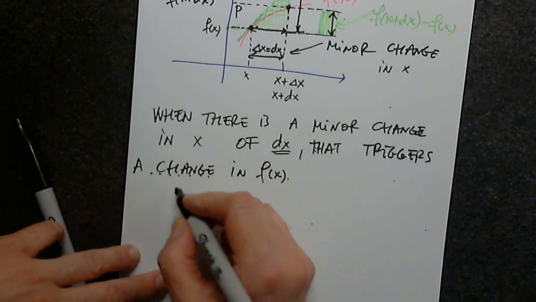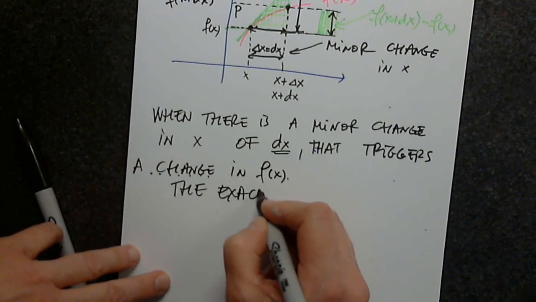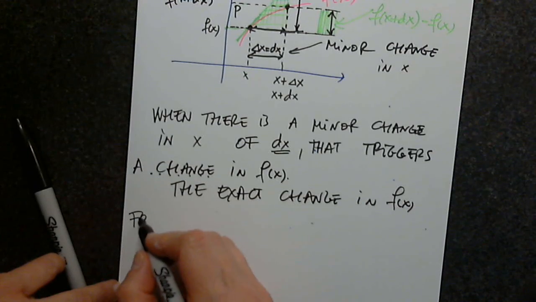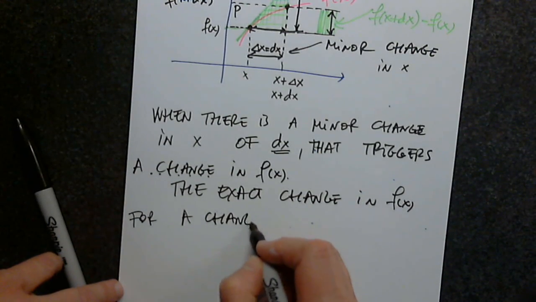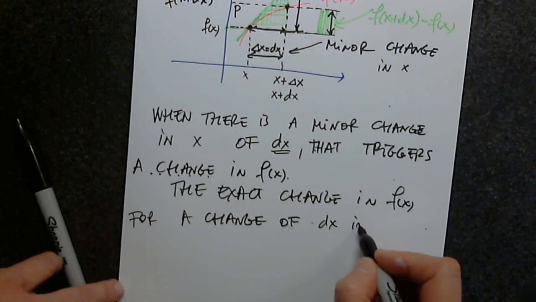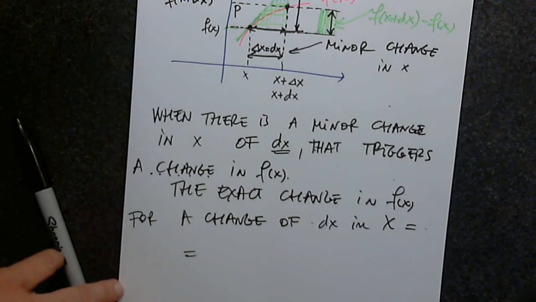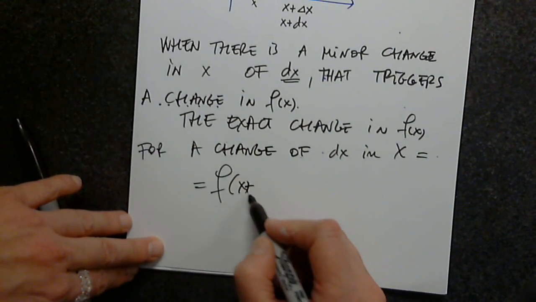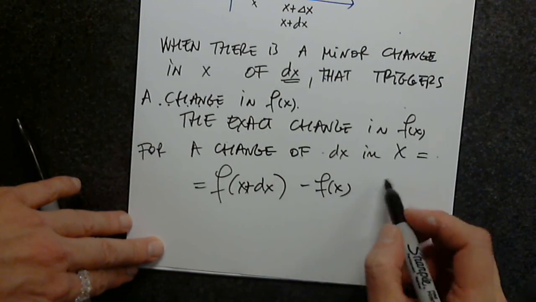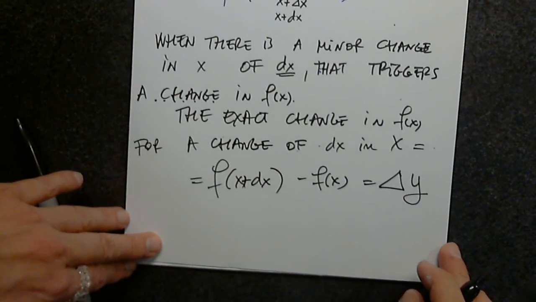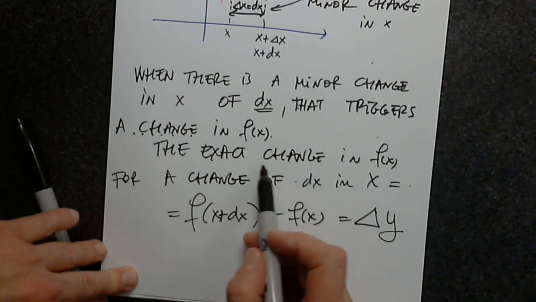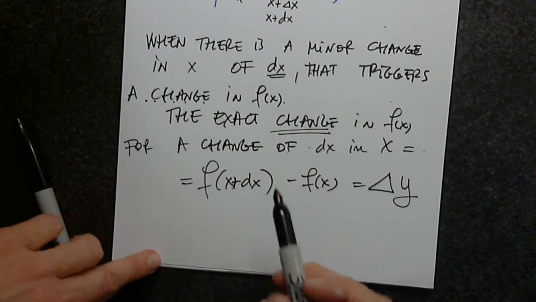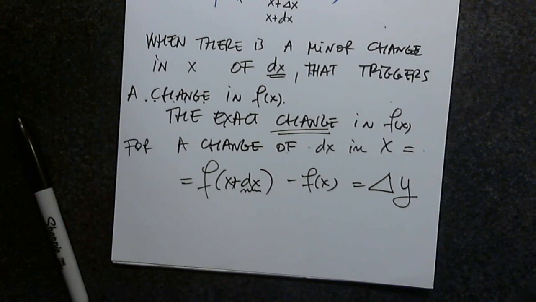And now I'm asking you, what is the exact change in f of x for a change of dx in x? What does this equal to? Right, absolutely, f of x plus dx minus f of x. This is called delta y. It's the exact change, the exact difference in the function triggered by a change in x.